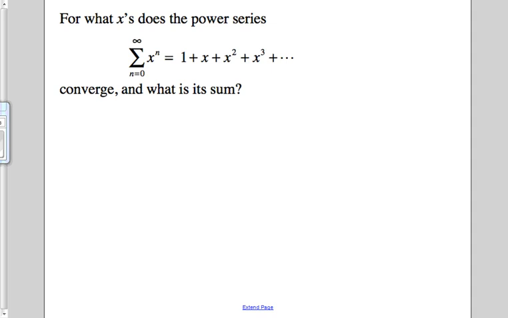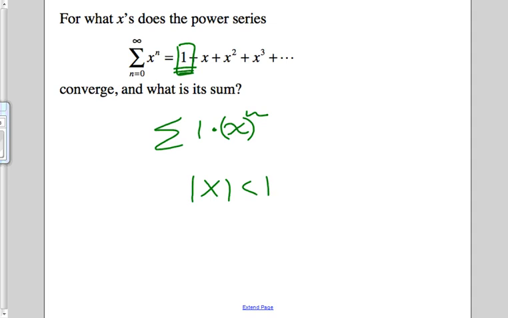What values of x does this following power series converge to, and what is its sum? So again, same idea, only now we get a specific a value. Now we know a is 1. So we could write this as 1 times x to the n. And using the same idea, because our multiplier is still x, we need the absolute value of x to be less than 1 for it to converge.